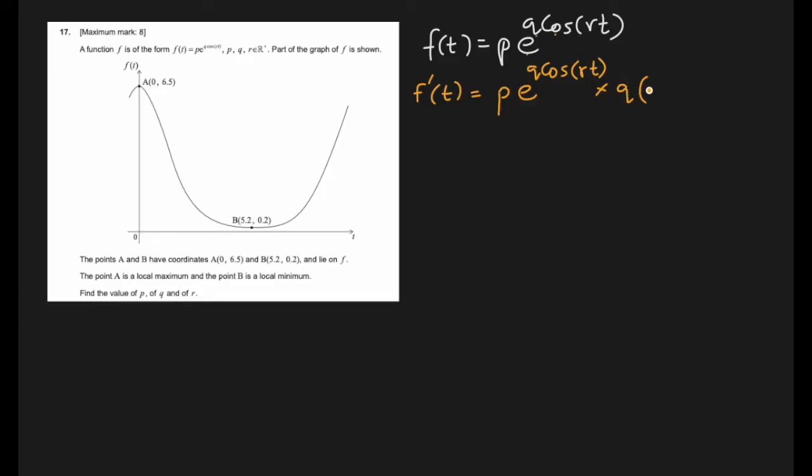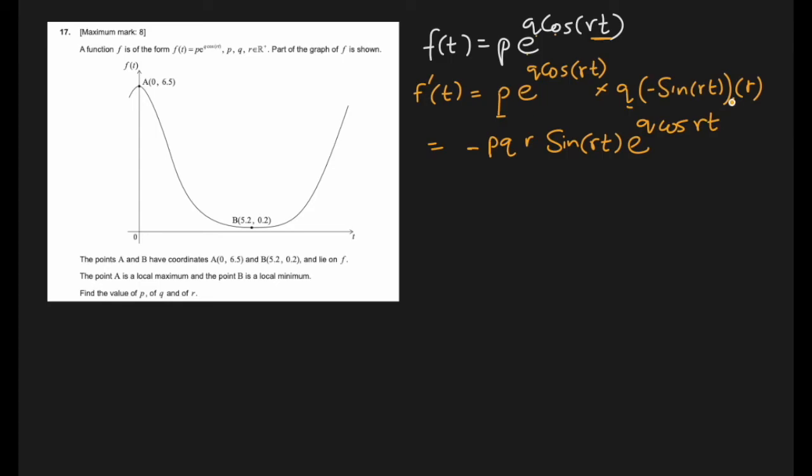The differentiation of cos is minus sine rt. And then we differentiate the angle as well. Since t is power 1, the differentiation of this will be r. So let me write it again. P, Q, R, and this negative will make the whole thing negative. Minus PQR sine rt e to the power q cos rt.